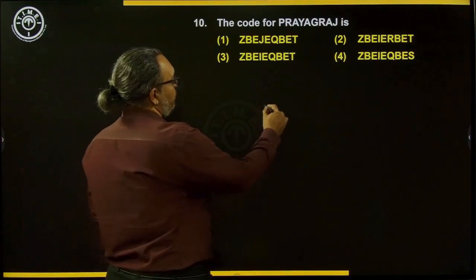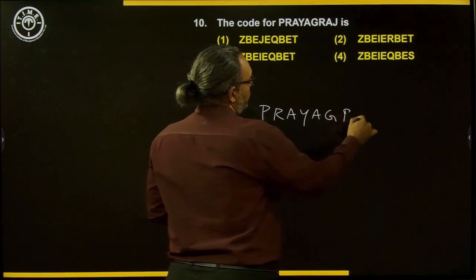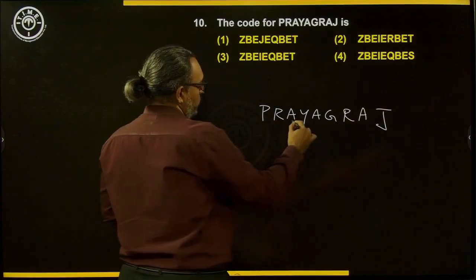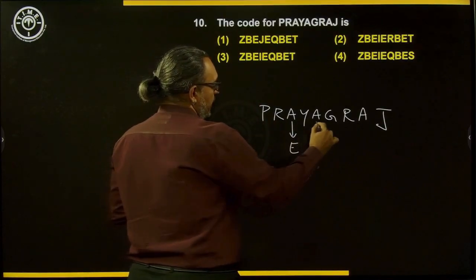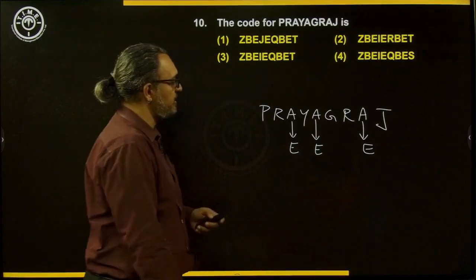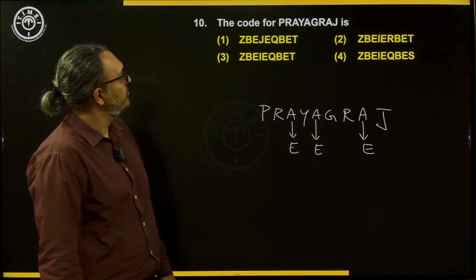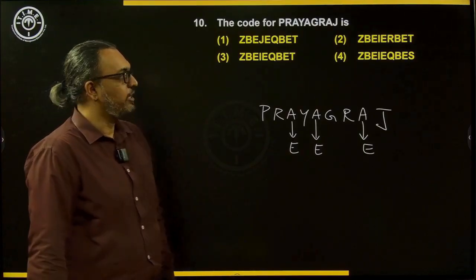Then, yes, we have one more. It is Prayagraj. A is E, again A is E, again A is E. So there should be 3 E's, in 3rd, 5th and 8th. So you do have EEE available.